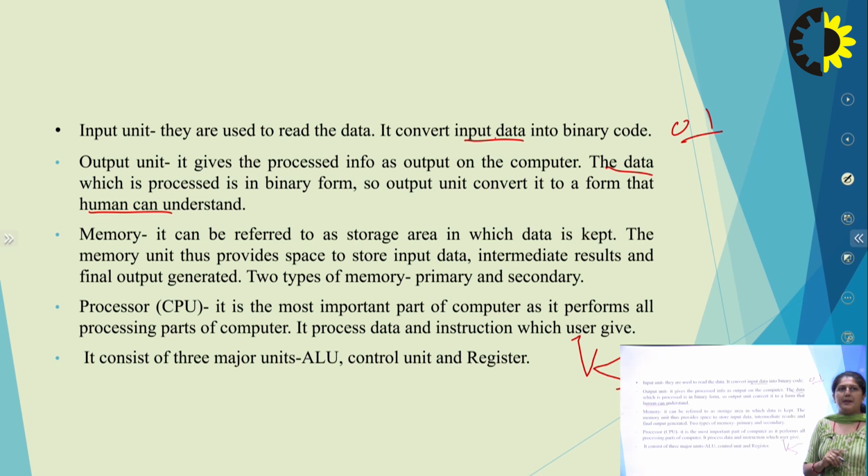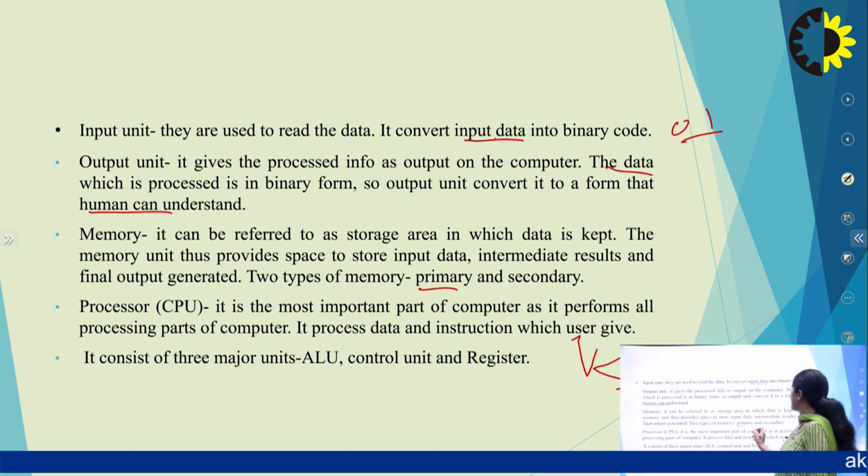What is memory? Memory is referred to as the storage area in which data is kept. The memory unit provides space for the input data, intermediate results and the final output generated. There are basically two types of memory, primary memory and secondary memory. What do we call primary memory?